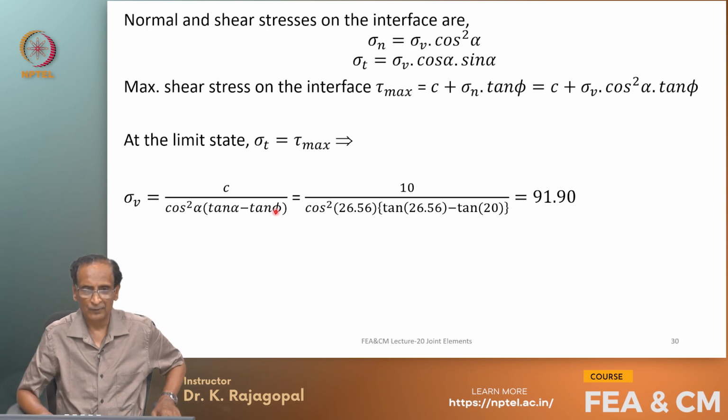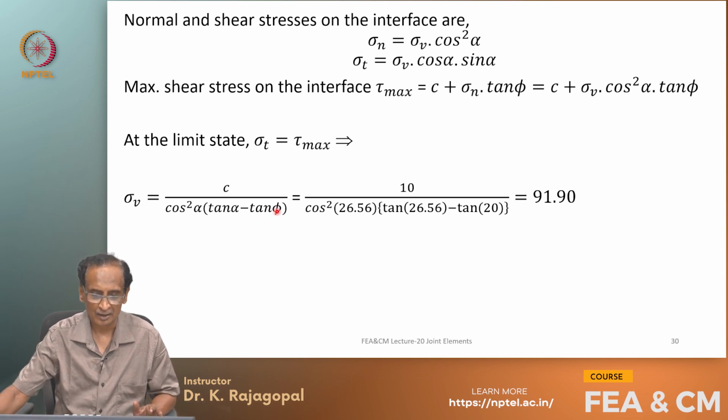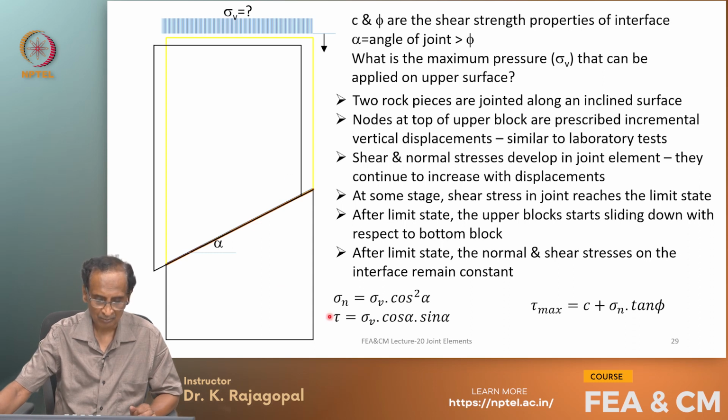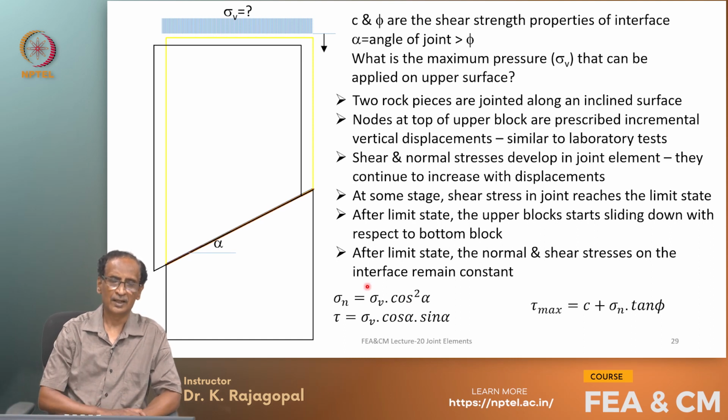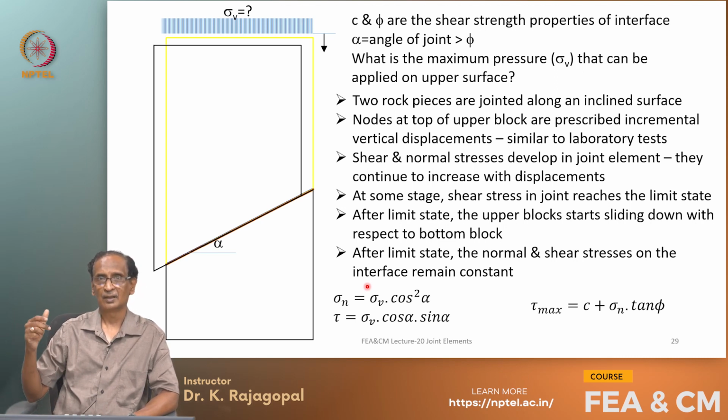So we can define some theoretical values by giving some numerical values. On the shear plane, the normal stress is sigma v times cosine square alpha. In fact, these are easily derived by drawing the Mohr circle, and then you know that any line drawn from the pole will intersect the Mohr circle, and that gives the normal and shear stress on a plane parallel to that line.